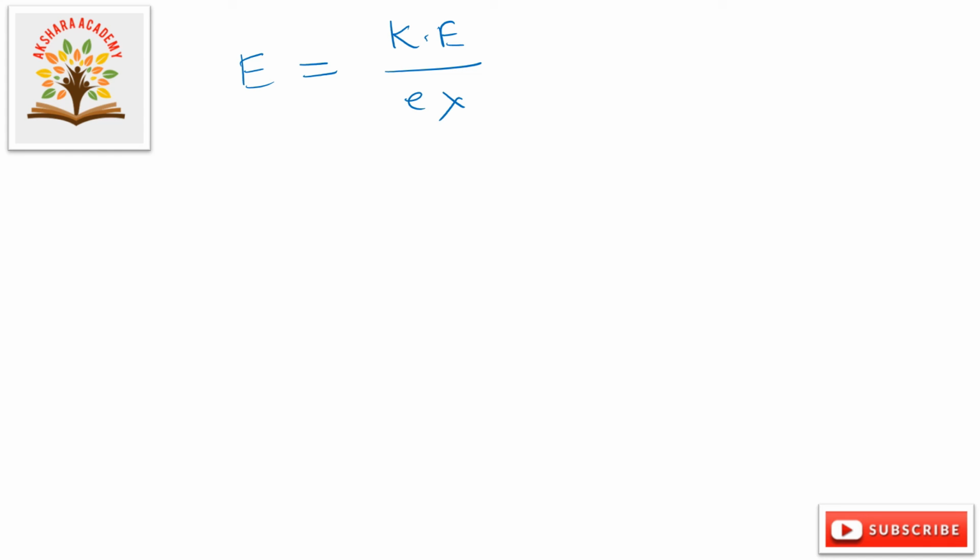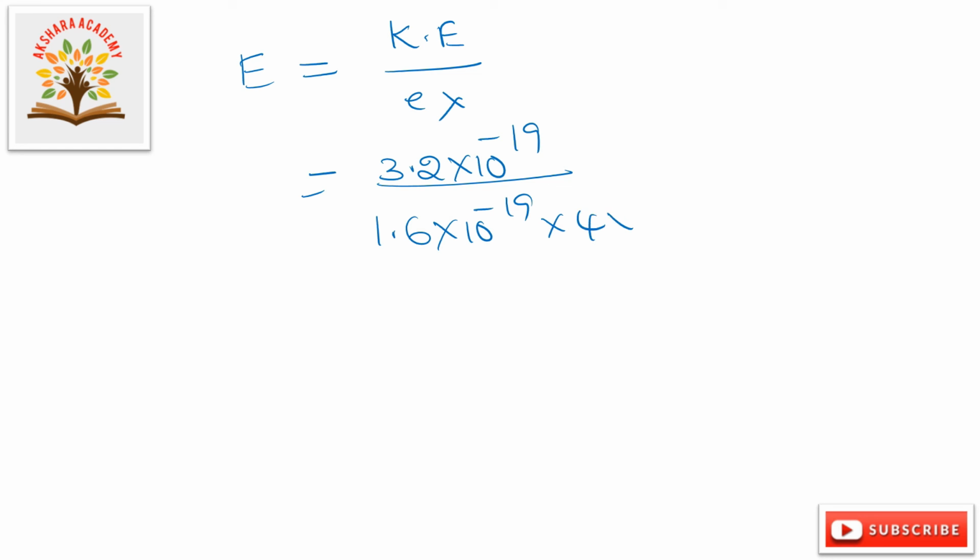Now substituting values, 3.2 into 10 to the power of minus 19 by 1.6 into 10 to the power of minus 19 into lambda, they given as 4 into 10 to the power of minus 8. 10 to the power of minus 19 cancels, 1.6 into 2 is 3.2.